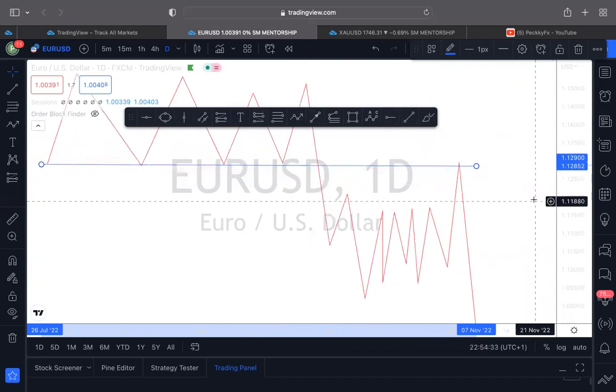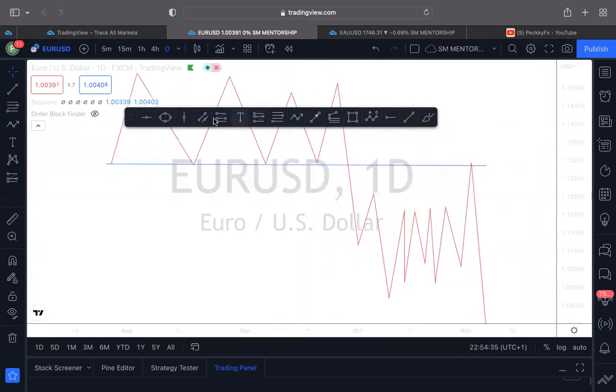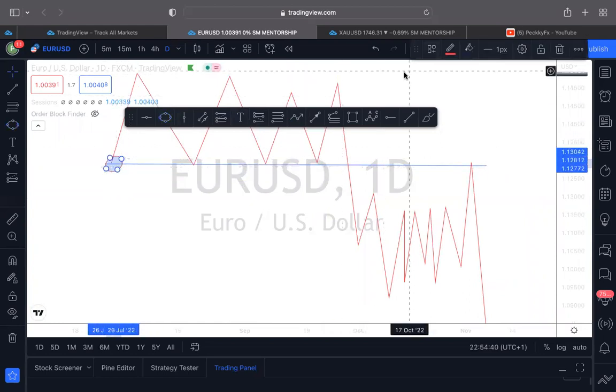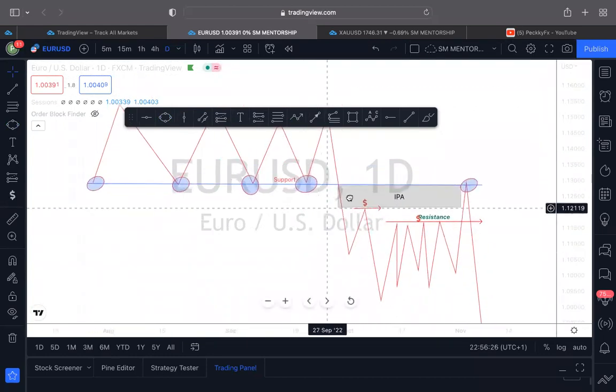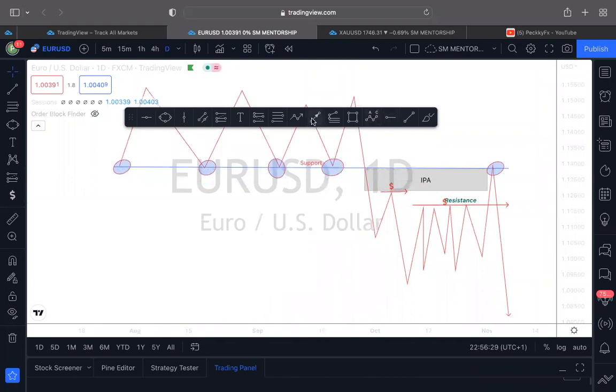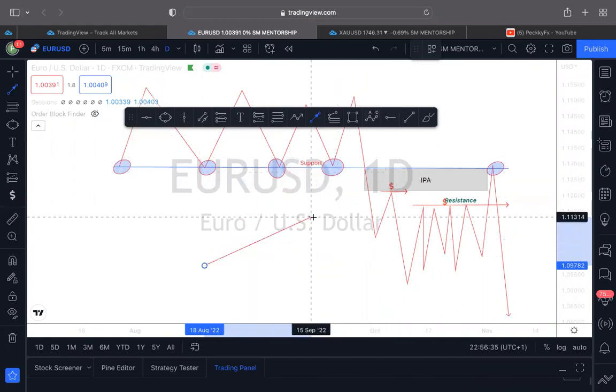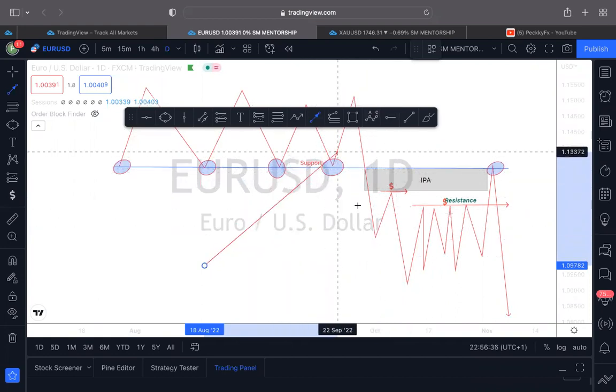Okay, so this is an illustration where you have your support right here, the support area. Then we have a BOS, a break of structure to the downside.